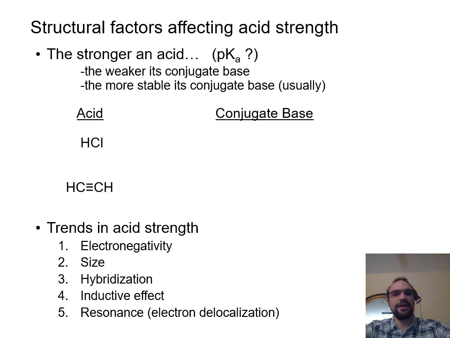And remember, a stronger acid, which means a smaller pKa, always means that its conjugate base is weaker. That's the form that has lost the proton. The conjugate base is what you make after the proton has been lost. And usually, if an acid is stronger, it means that the conjugate base is more stable.